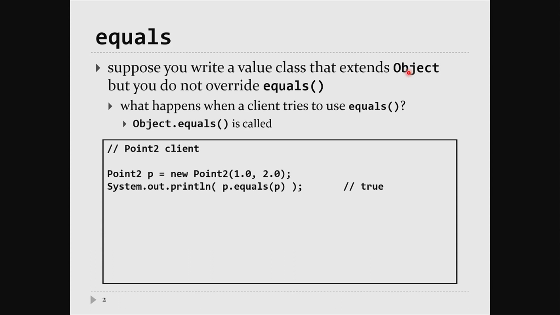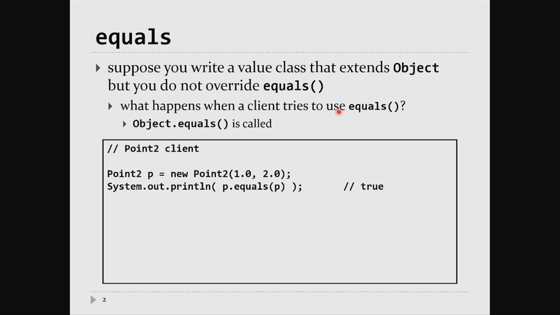So in object-oriented terminology, we say that Point2 inherits from the Object class, or is a child class of the Object class. The Object class has a bunch of methods in it that every other class gets, so whenever you make a class, you get a bunch of methods for free. One of them is toString. Another one of them is equals.